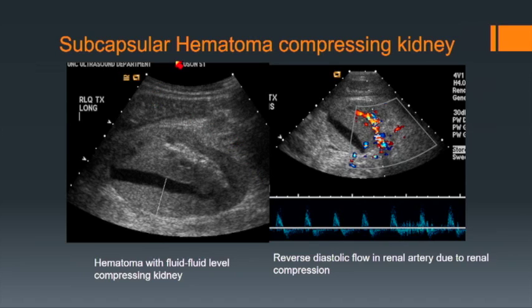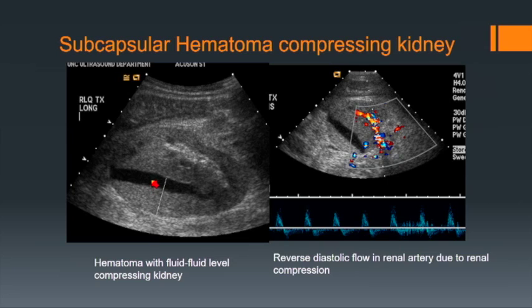This is a subcapsular hematoma compressing the kidney. Here's the transplant kidney, kind of bowed in an arch-like manner. Here's the collecting system all collapsed, and it is caused by this lenticular fluid collection, which has a fluid level.